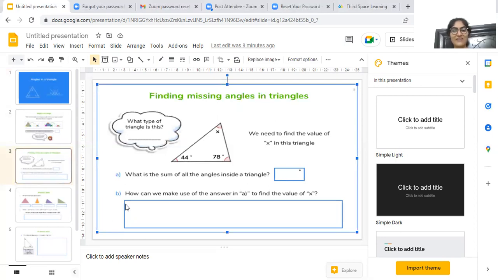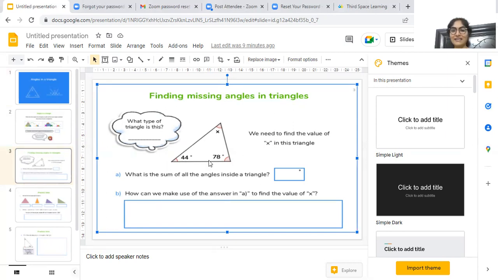All right. Next is, how can we use the answer in part A to find the value of part B? Yes, here we will actually be performing the inverse.